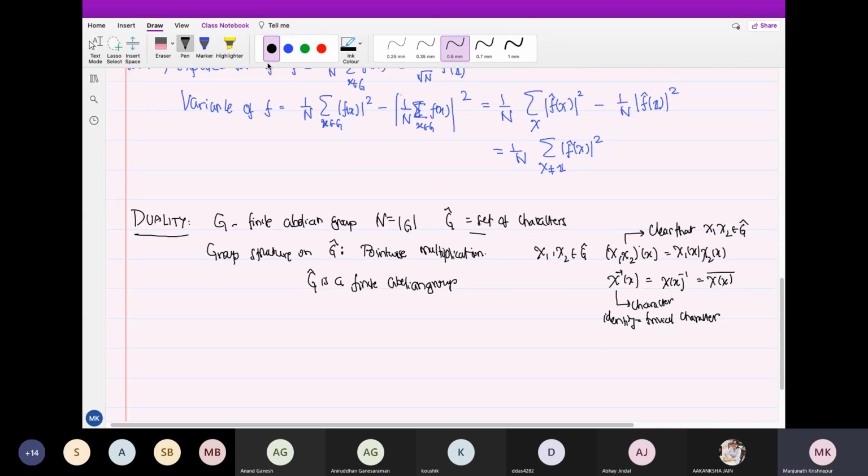One example is, well, all are examples, so let's not bother. But is it isomorphic to G? Let's ask that question. Is G hat as a group isomorphic to G or not? Okay, what do you say?